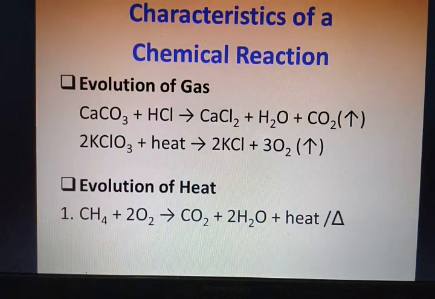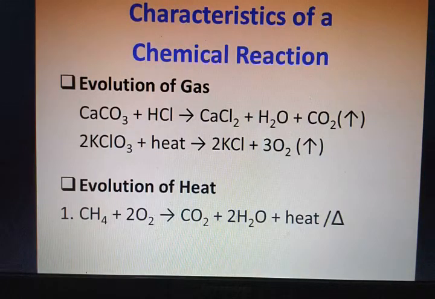So let's continue. Evolution of gas. If a gas gets evolved from a chemical reaction, it signifies that the reaction is taking place. But you may ask me, sir, is that enough? Does evolution of gas always signify that a reaction is taking place? No, definitely not.